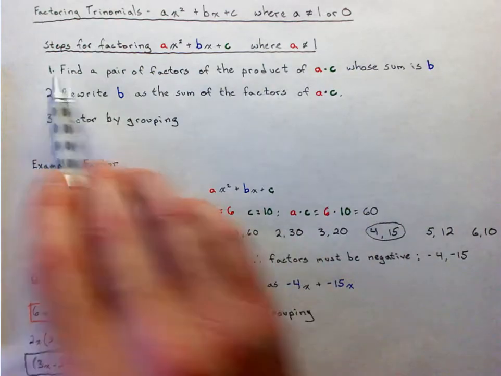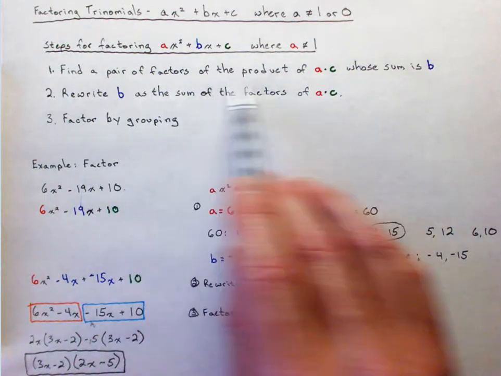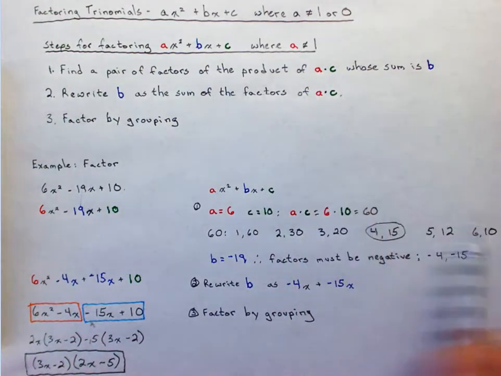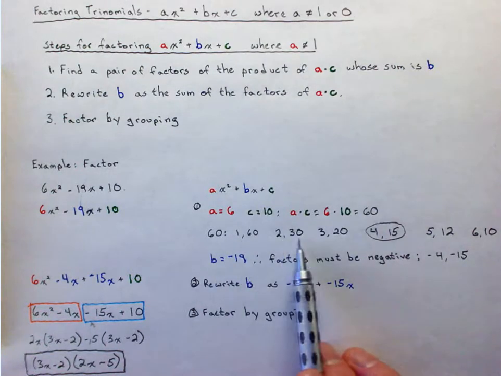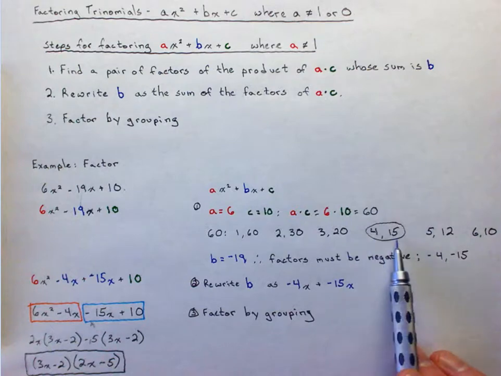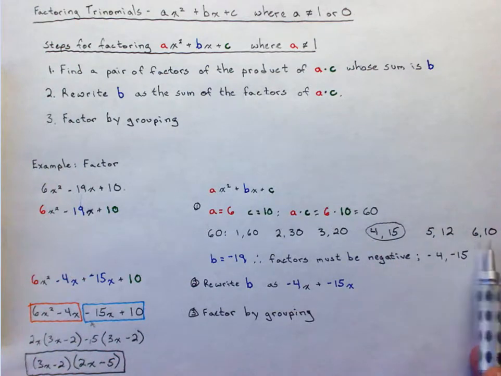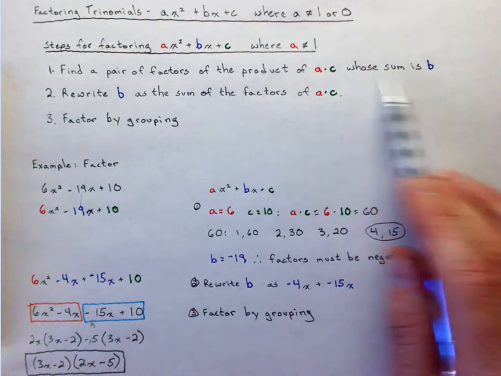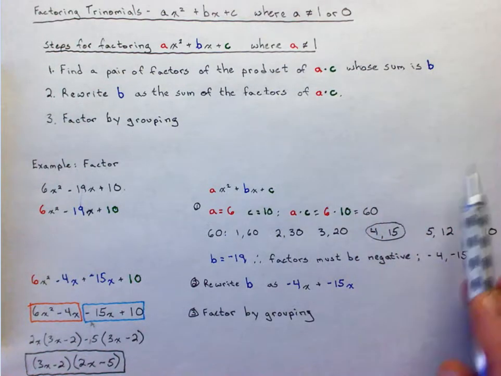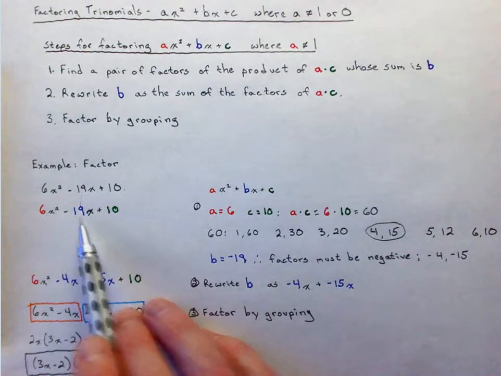This is step 1. Find a pair of factors of the product of a times c. My factors for 60 are 1 and 60, 2 and 30, 3 and 20, 4 and 15, 5 and 12, 6 and 10. I need to find the pair of factors whose sum is b. What is b? b is a negative 19.